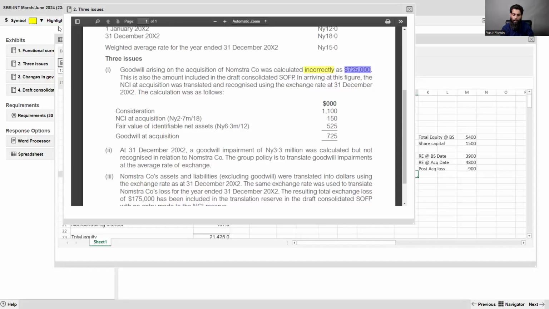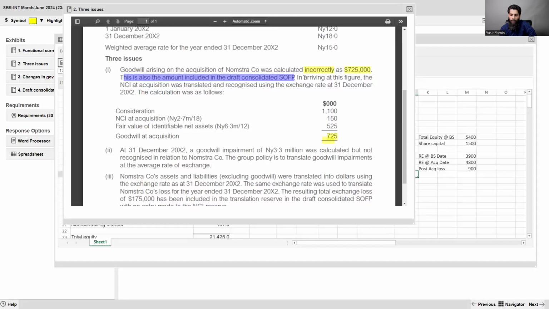If you see in the below exhibit, a 725,000 goodwill has been calculated and the working has been shown, but the examiner is already saying this has been calculated incorrectly. There is some error in this. This is also the amount included in the draft consolidated SOFP. So the same has been included in the balance sheet.